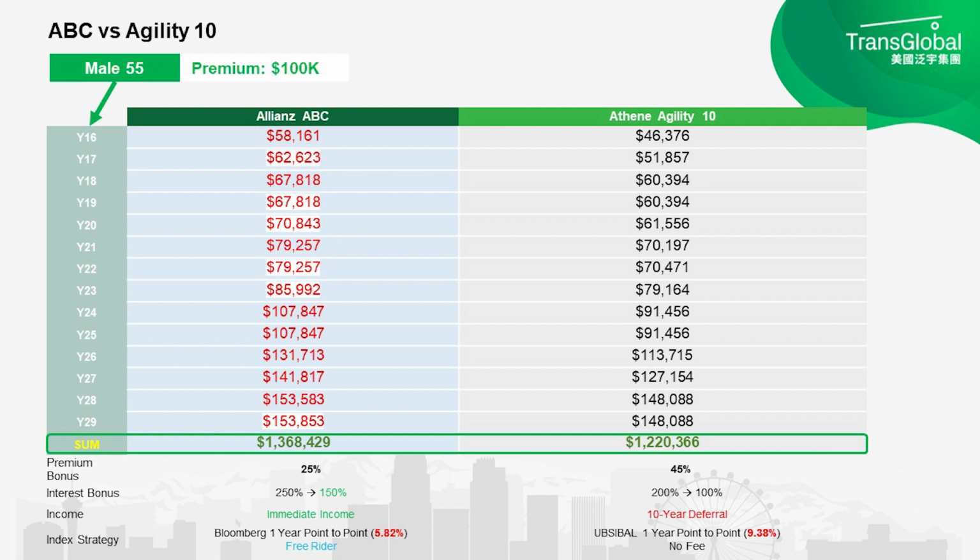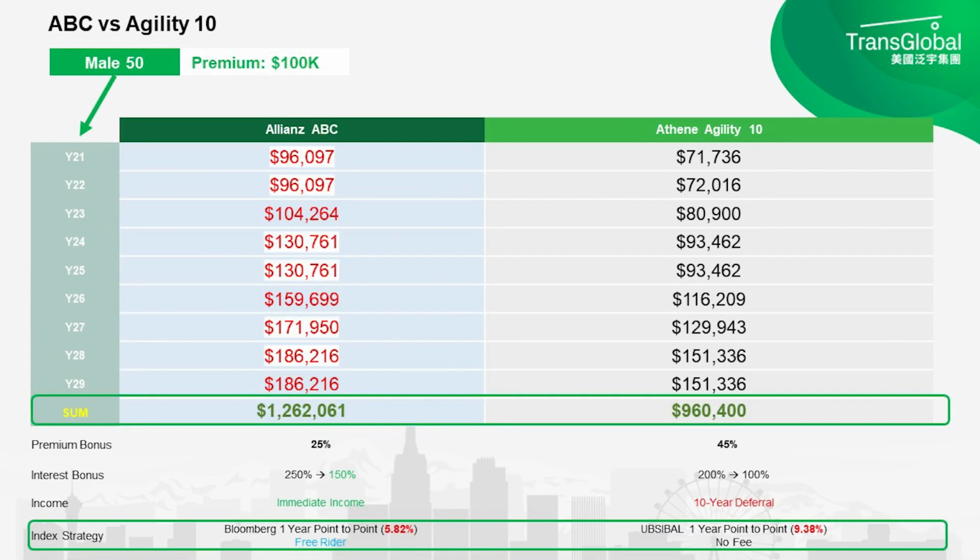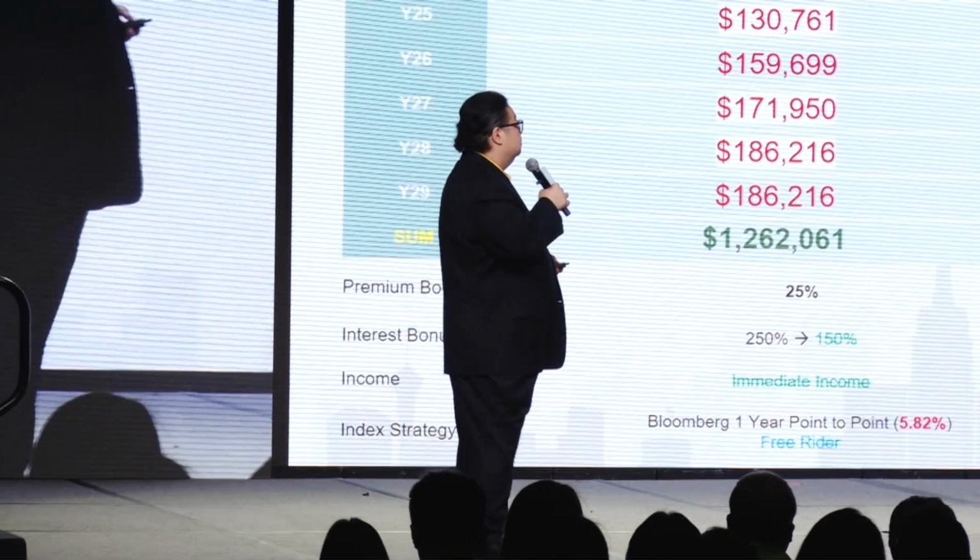And when you wait even longer, because Allianz ABC allows younger people to buy, like 40 years old, so when you're 40 years old and you want to take income at 60, you wait for 21 years, and that income is beautiful compared with, I think, Agility 10. Does everybody know why keeping it longer to start taking the money out with ABC gives a higher income?